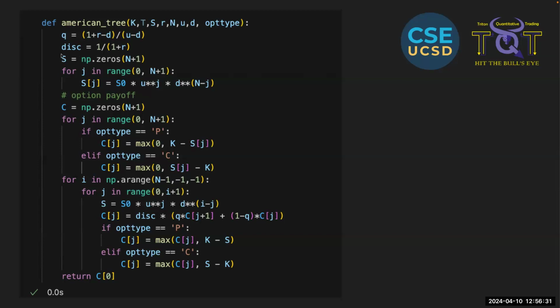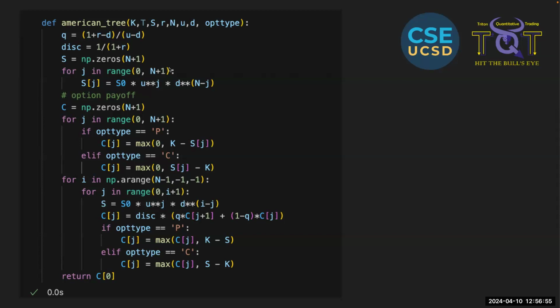So you'll put that. And then on this step, we're initializing a zero numpy array that basically puts in all the values of your tree as an array. And then you basically go over the entire time frame, which is if n is equal to 2, we had 3 nodes in our tree, for 0, 1, and 2.